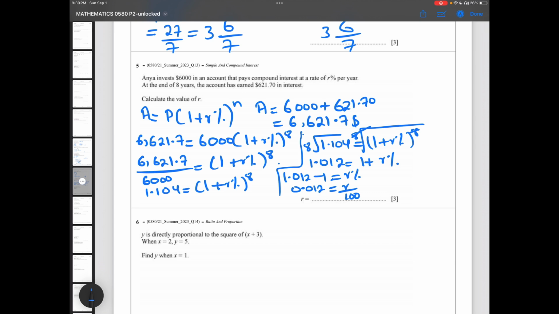And when 0.012 is multiplied with 100, I will get 1.2, which will be my value for R. This is our answer. 1.2 is the rate per year.